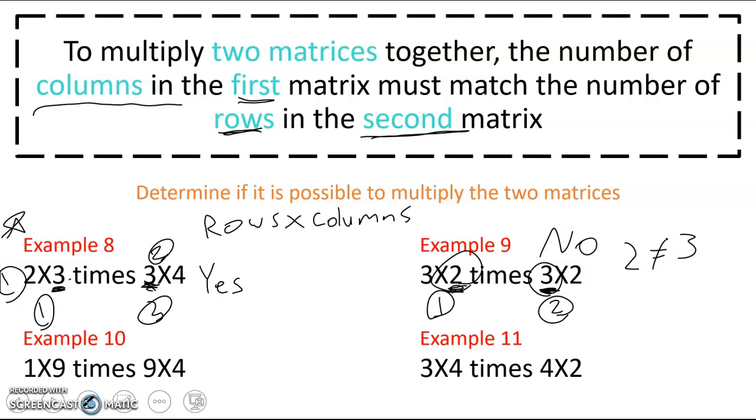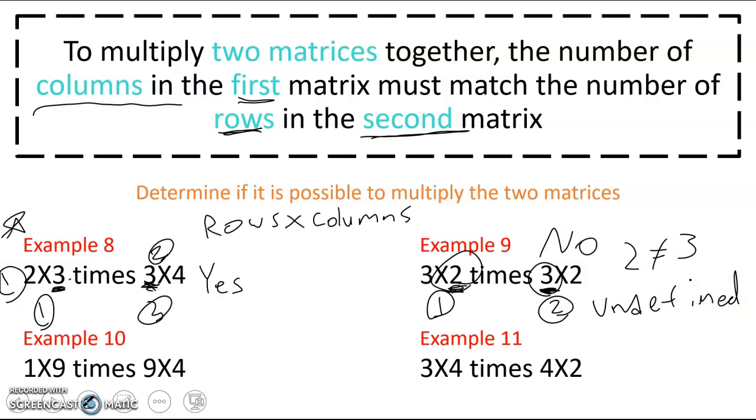You'll have some examples like that where you will not be able to multiply them out, and if that happens, you basically just say no or undefined or can't multiply, okay?